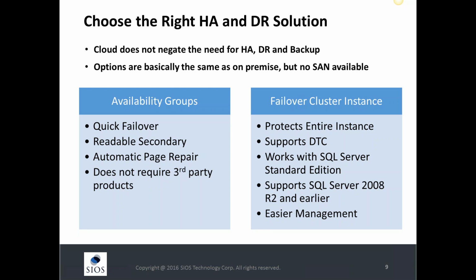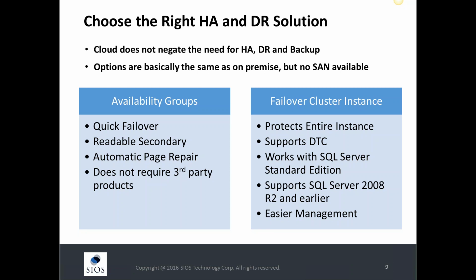It's typically just like you have on-premise. You have all your classic options like log shipping, database mirroring. Of course, backups and restores, that's in the same realm of availability. If you need to, putting it in the cloud does not negate the need to do backups.